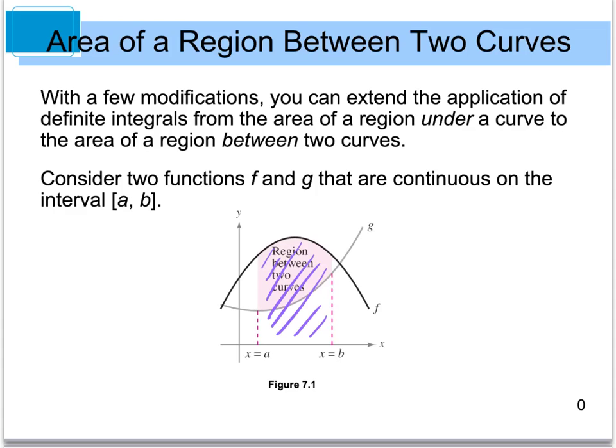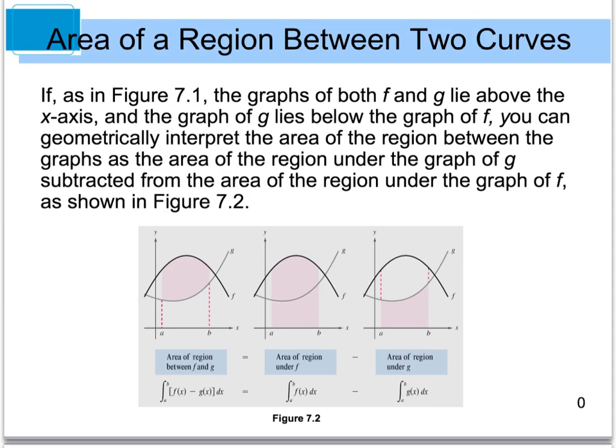Well, now let's say I want to find the area under the curve of region G. I can go ahead and integrate and find this area. Now, if I want to find the area of the region between the two curves, all I have to do is find the area underneath F and the area underneath G and subtract the two.